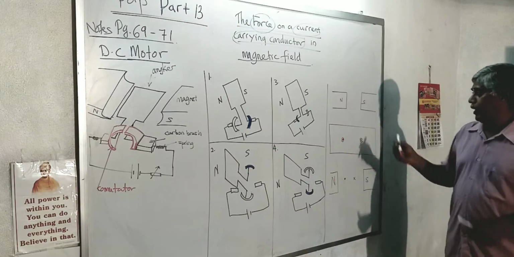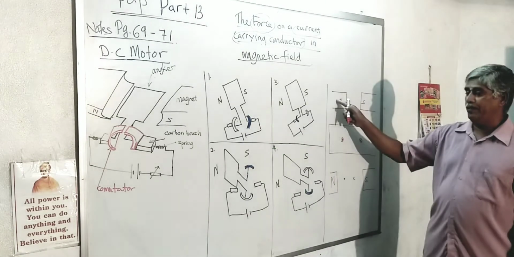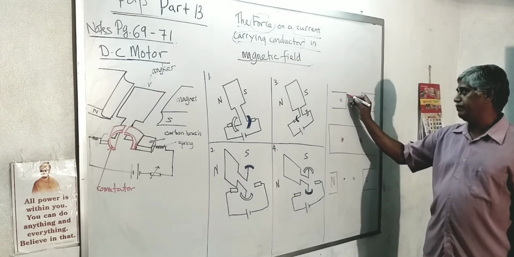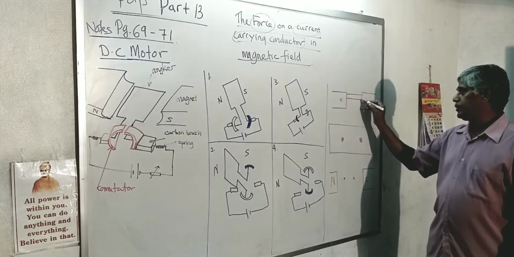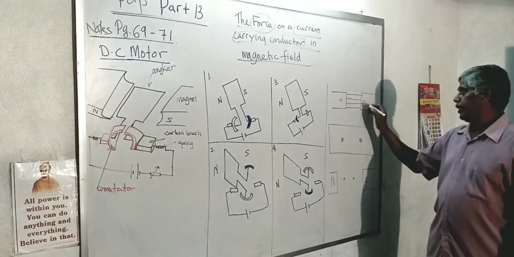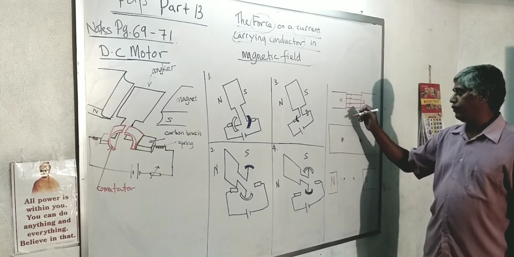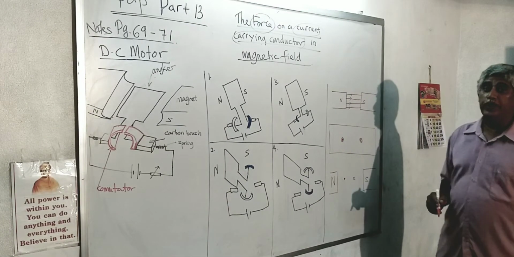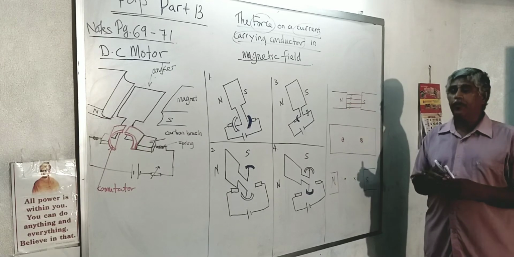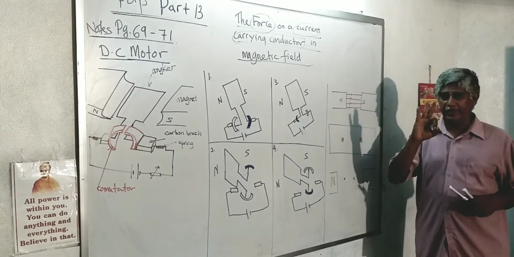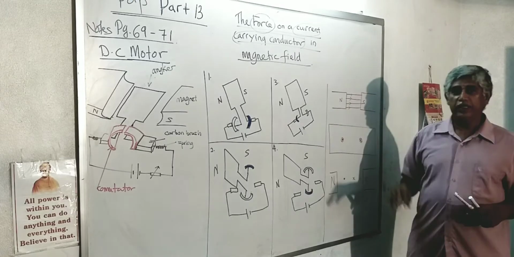Number one, they ask you to draw the magnetic field in between north and south. This is very simple. You just have to draw straight lines. The line of forces, or the field, always moves from the north pole to the south pole. For SPM you have to draw a minimum of 3 lines. If you draw 2 lines of forces, you have no marks.